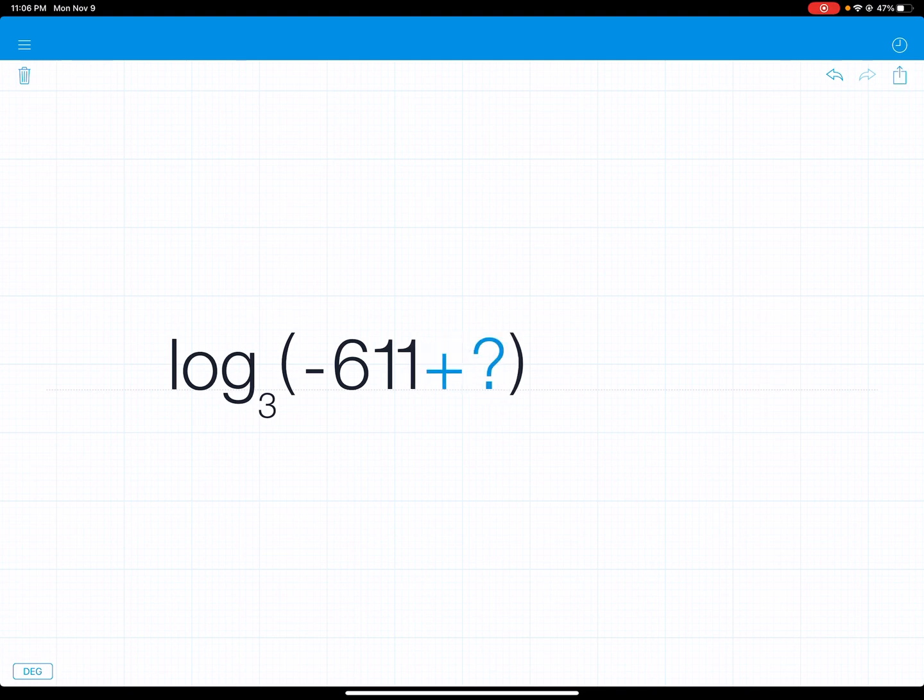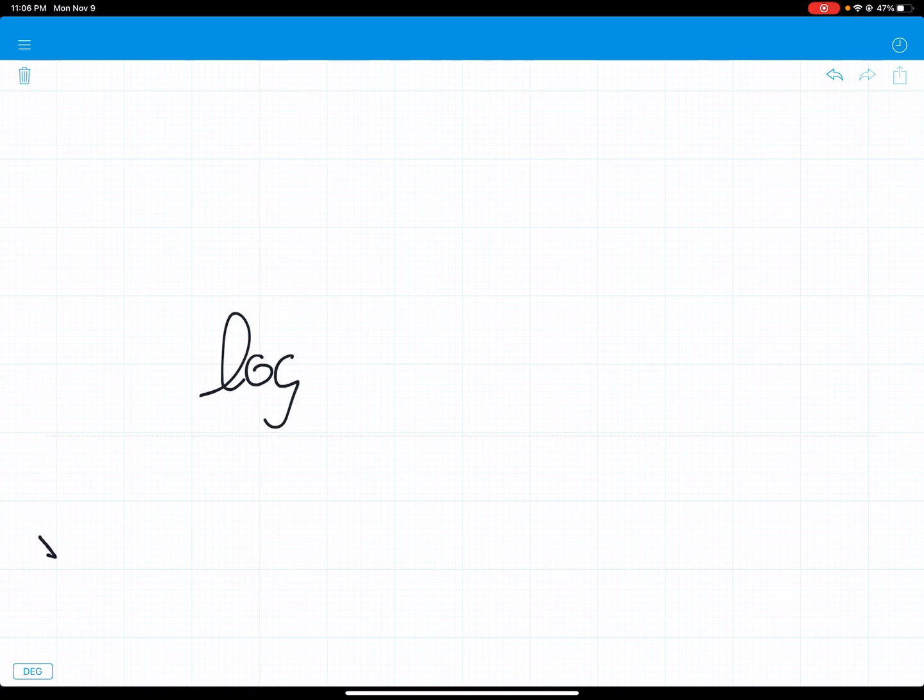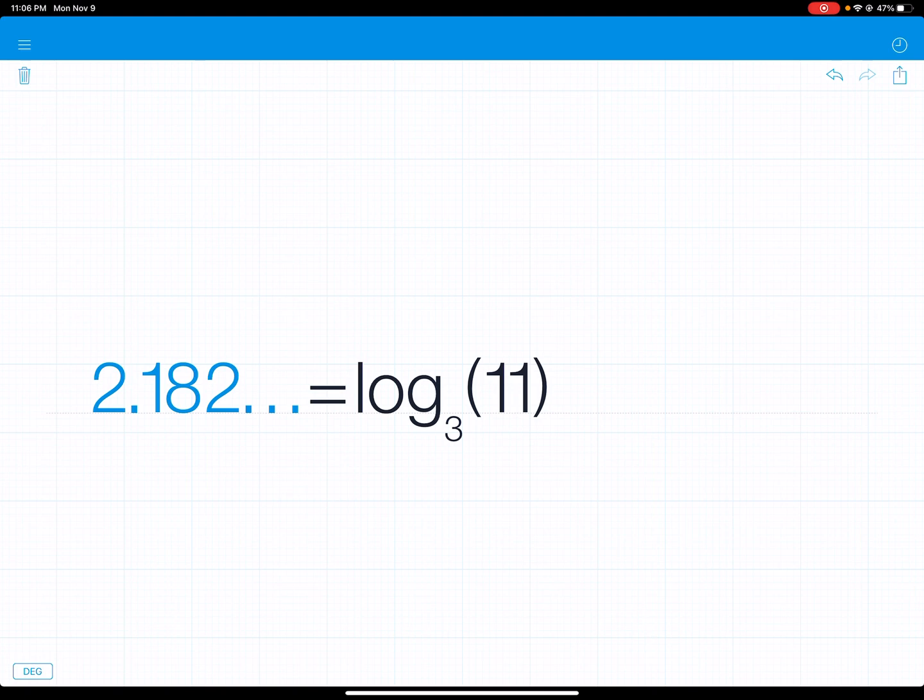It won't even let me do it because it knows that that's not possible. If I took any other value that was positive, it would execute it and tell me what the value is.